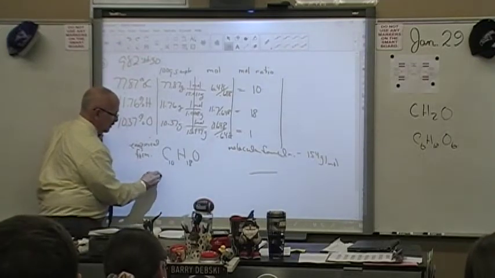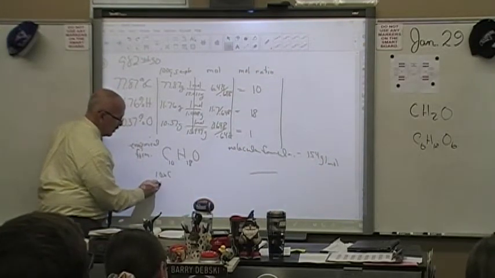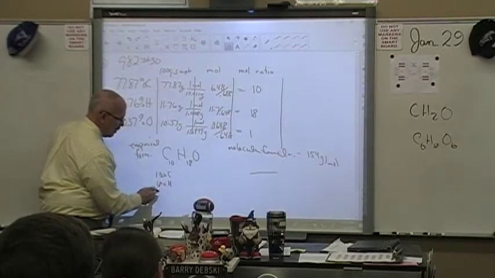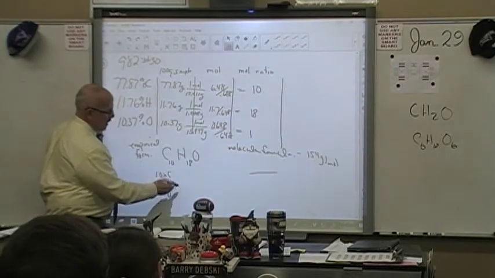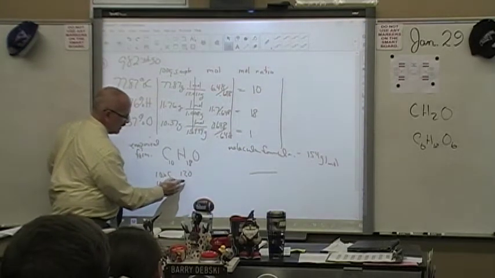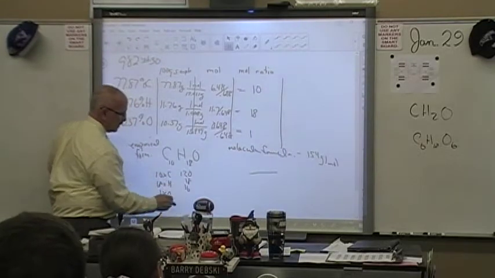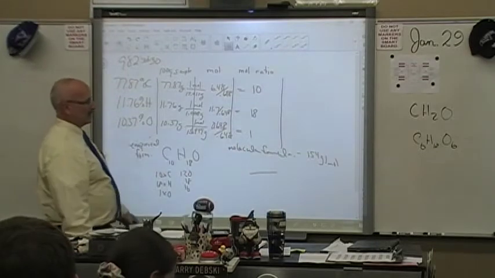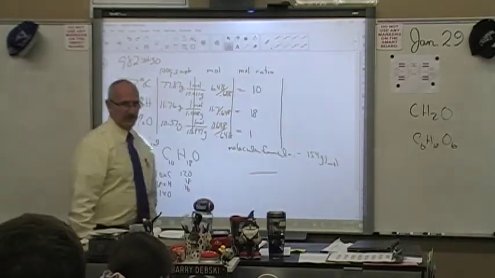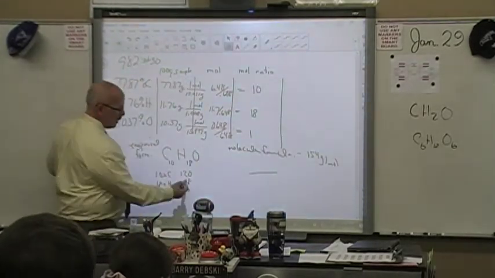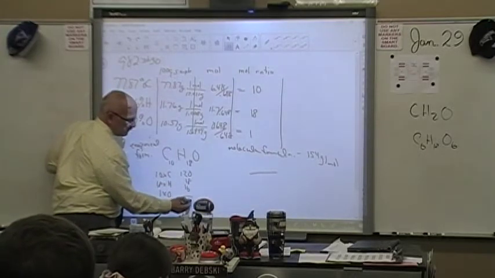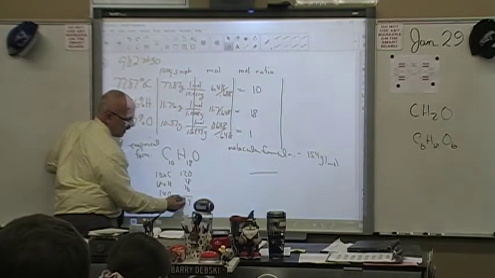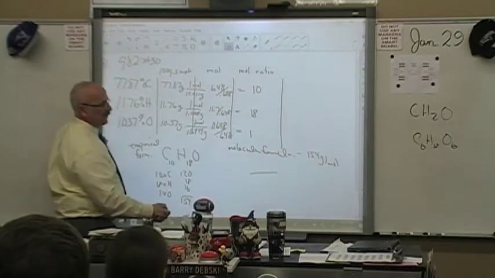So, 10 carbons, 18 hydrogens, 1 oxygen, let's call it 120, 18, and 16. I'm rounding off for the sake of speed here because I know it's good. This is only out to the ones digit, so we can do the same thing here. 8 and 6 is 14, 154.